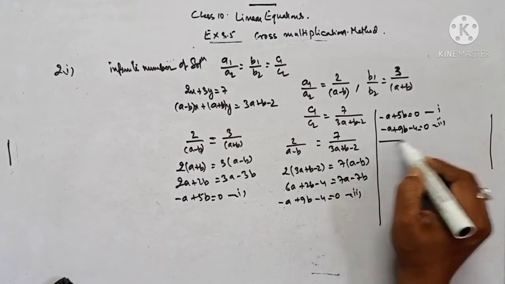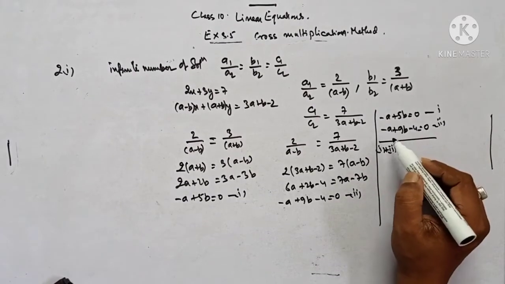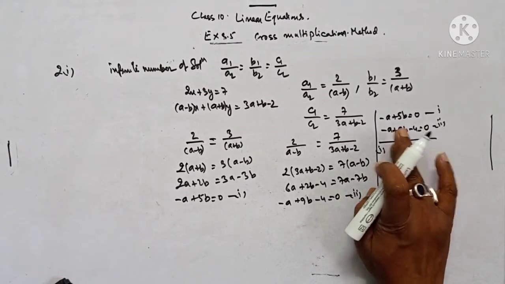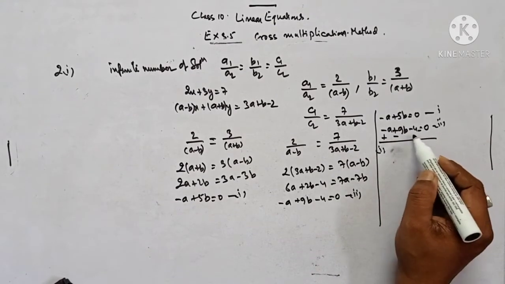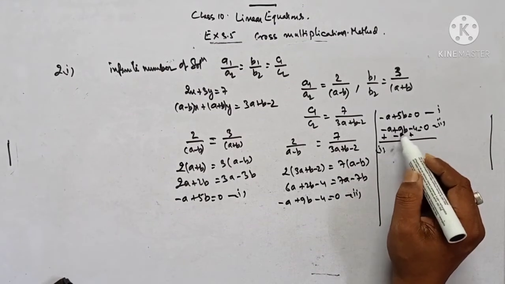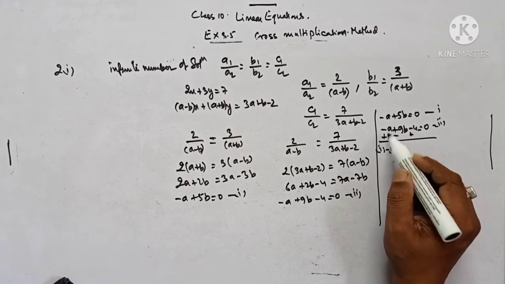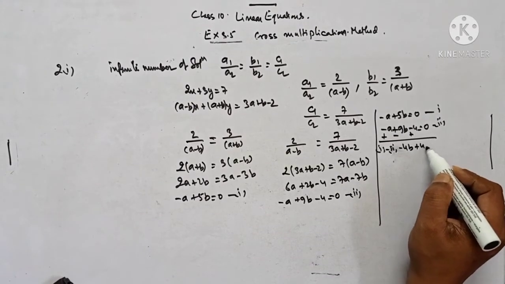You add these, oh sorry, not add, you subtract them. It is better to subtract because of the same sign. So this will be 0 and this will be minus 4b plus 4 is equal to 0.